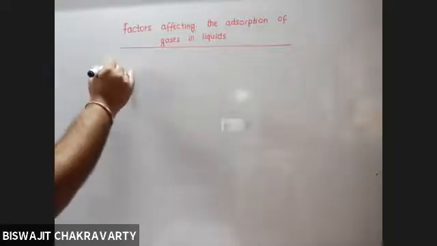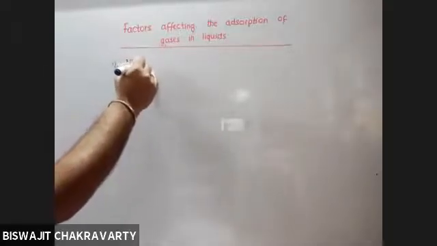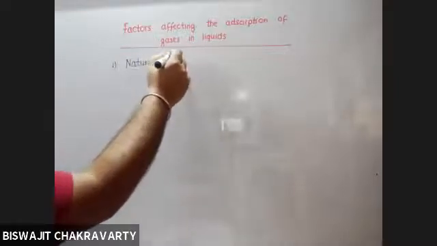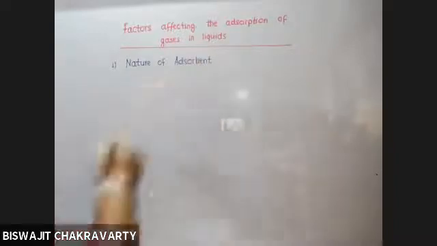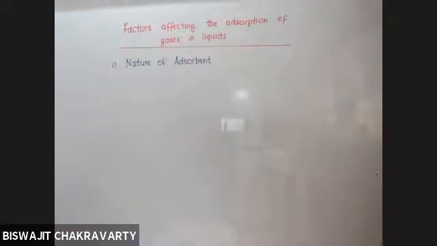We first talk about nature of adsorbent. Nature of adsorbent. So obviously, the process of adsorption involves two species, one of which is adsorbent and the other is adsorbate. And both are equally important. Just like in a teaching learning process, the role of both the student as well as teacher plays important role, because that completes the process of teaching and learning.